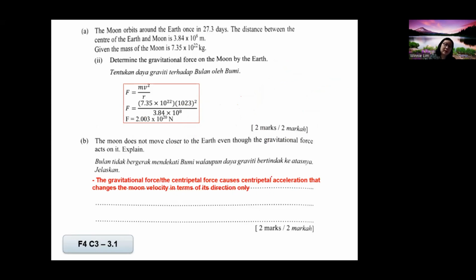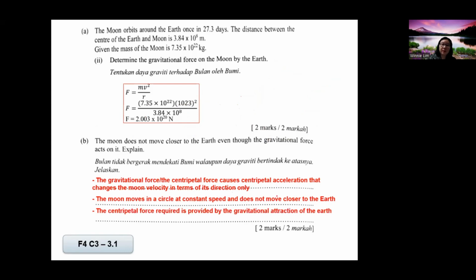So the moon moves in a circle at constant speed but does not move closer to the earth. And lastly, you say the centripetal force required is provided by the gravitational attraction of the earth. They are the same, so that's why the moon won't move closer and closer to the earth. There is a force between the two objects that causes it to constantly orbit the earth.